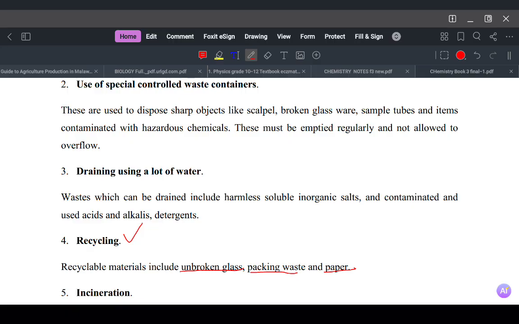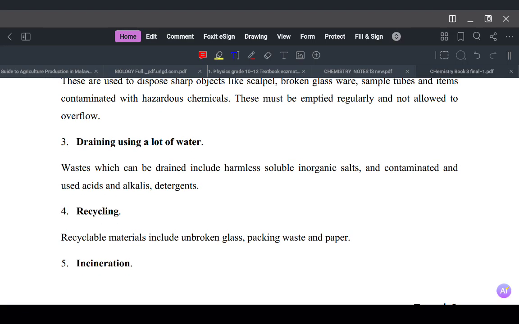Broken glass can be heated and reshaped into something that can be used again. Packaging materials can be redesigned into something else, and it can also be used later. So this is called a recycling method. It's a technique of disposing of waste or managing waste.